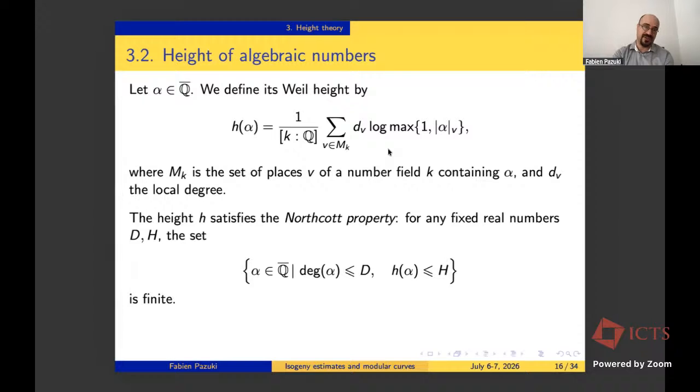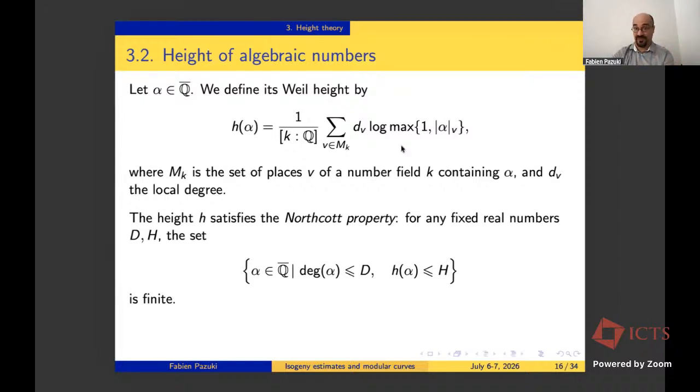That's because of what is called the extension formula. It's because of a link that exists between the absolute values of a field and its extensions. It requires a little bit of study, but I claim that this actually does not depend on the field K. Yeah, this requires a lemma. This requires a little bit of work.